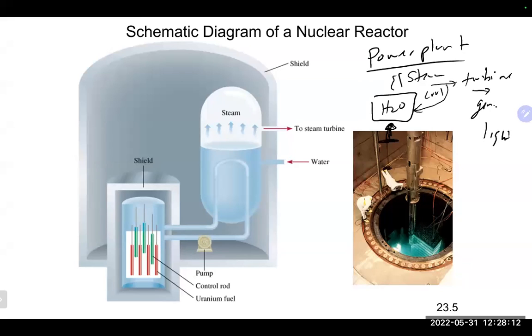The difference between a traditional power plant and a nuclear power plant is how they heat the water. In a traditional power plant, historically, they heat the water by burning coal, which gives off a lot of energy and heat, heats the water, and creates the steam. In a nuclear power plant, they do a fission reaction. Inside the nuclear part of the reactor, they have what are referred to as fuel rods.